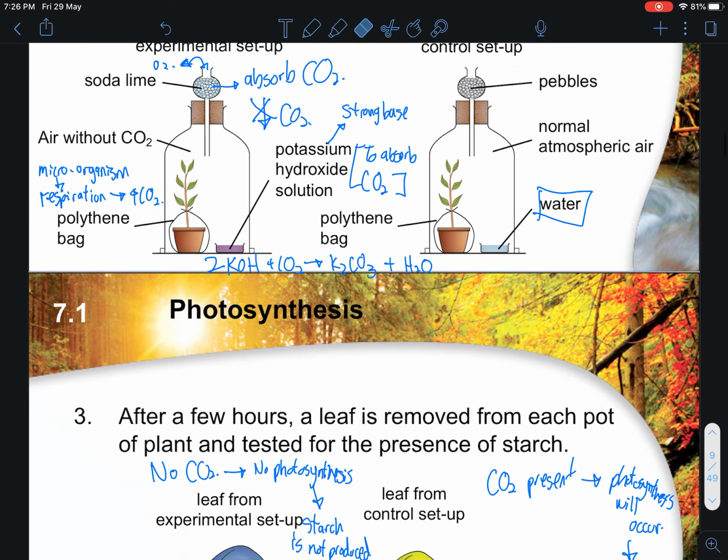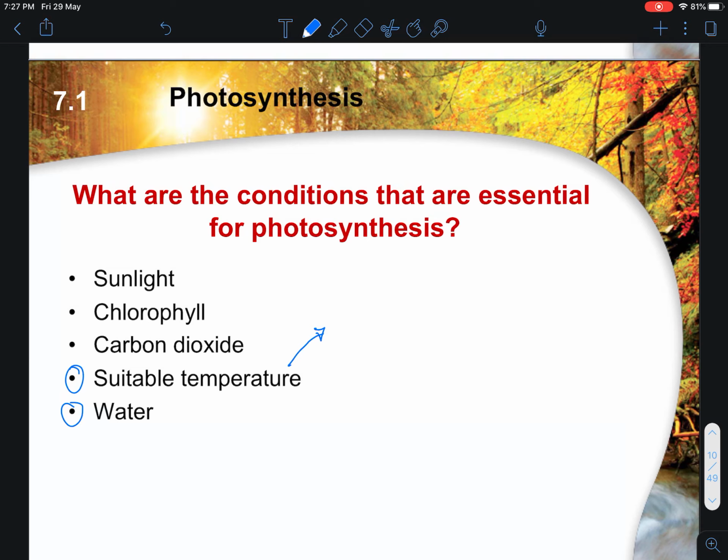So after so many experiments, we have more or less checked that these are the conditions required for photosynthesis. Now, I know you never do the experiment for suitable temperature and water. But what are these two mainly for? What do we want for temperature? Suitable temperature, because photosynthesis involves enzymes.